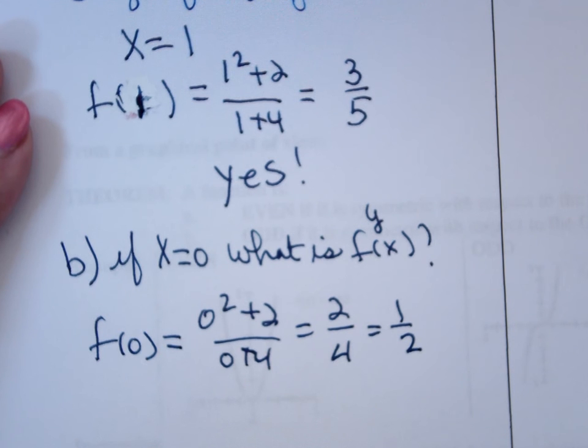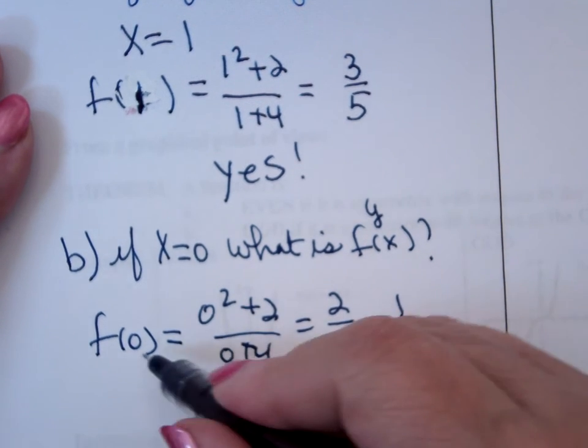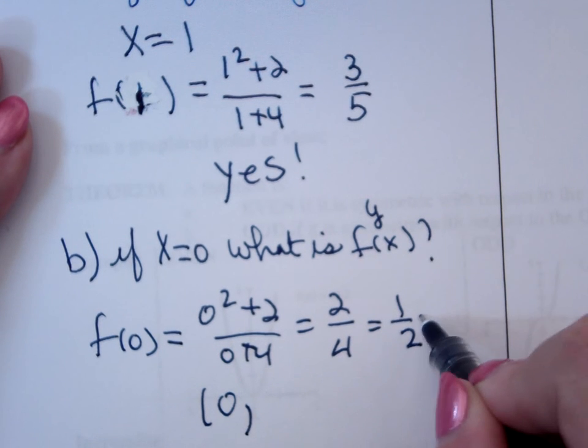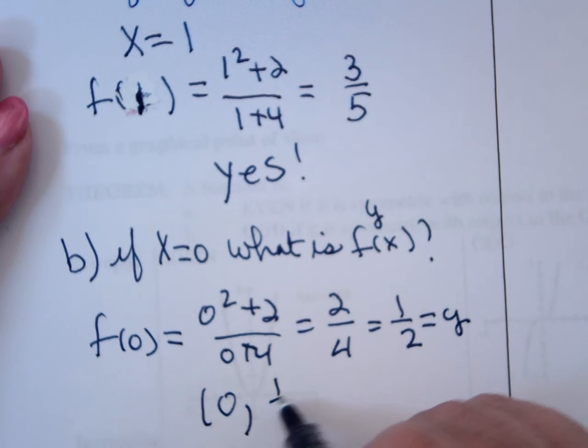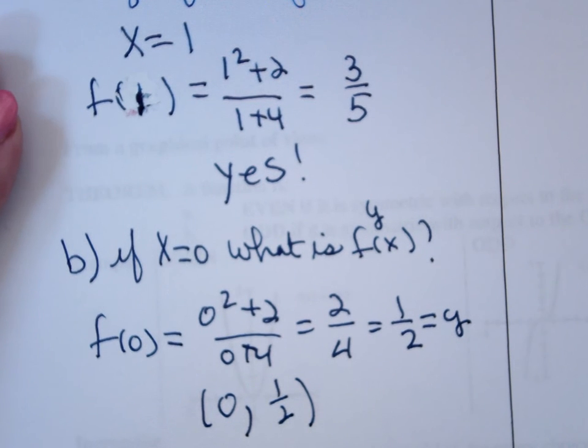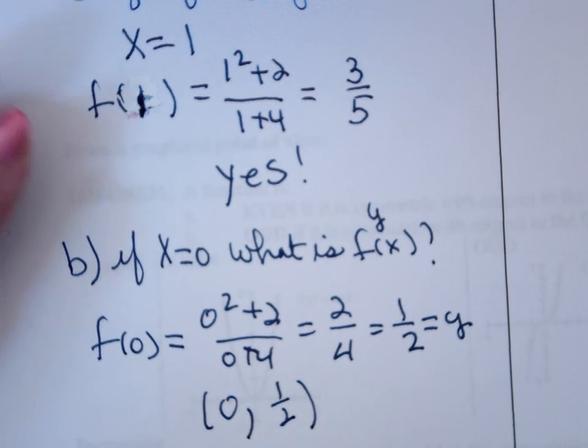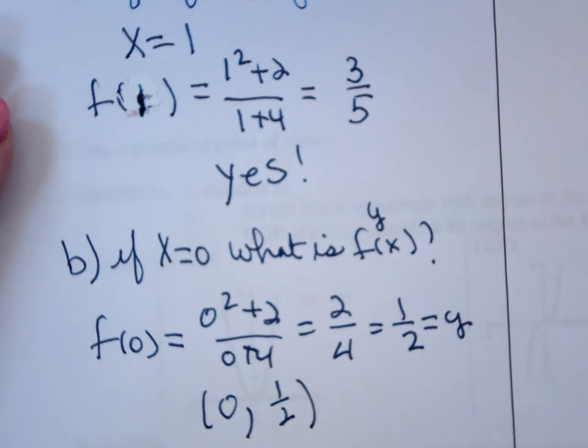And then it says, what is the point on the graph? So they want the coordinate point. This says if x equals 0, y equals 1/2. That may be a question we ask periodically. What's the point?